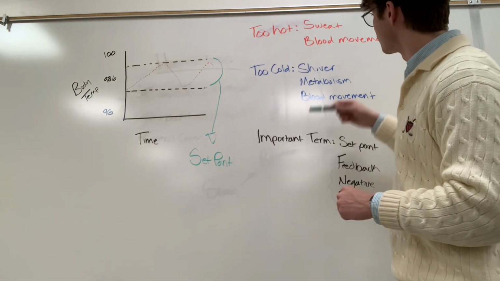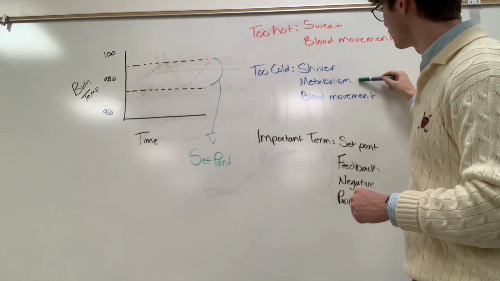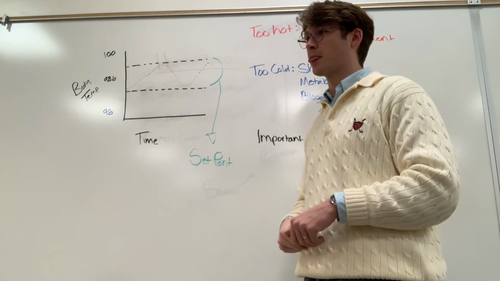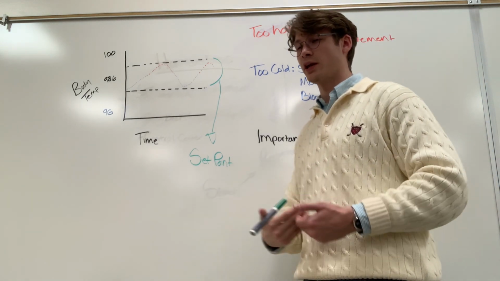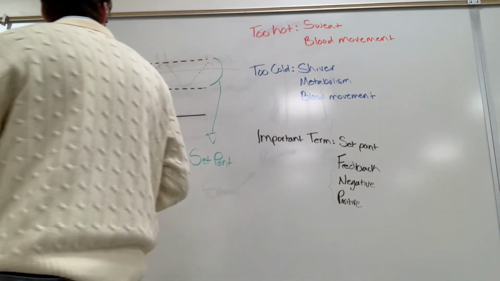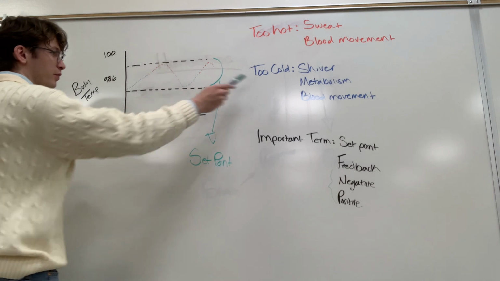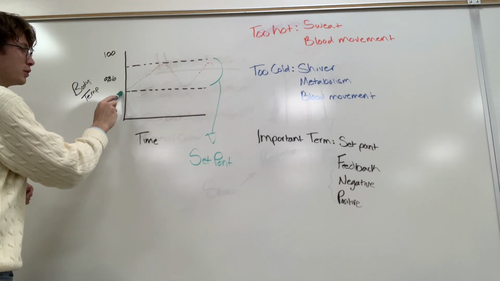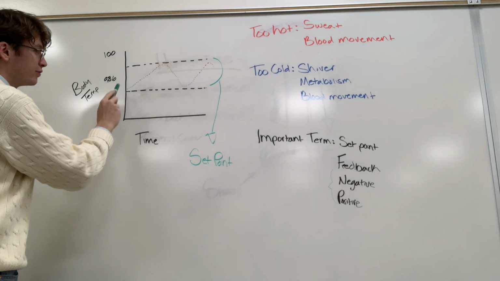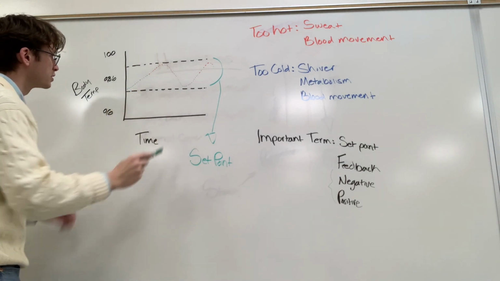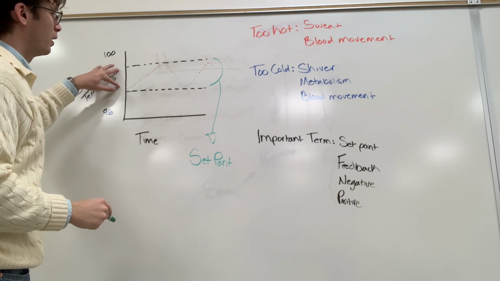I talked about previously shivering, the increase in metabolism, and blood movement from maybe the outside of your skin more inwards, and that's going to try to warm you back up. So what's occurring right here in this blue line is the body's temperature is a little too low, so those effectors are going to push it back up because it wants to be within this set point.